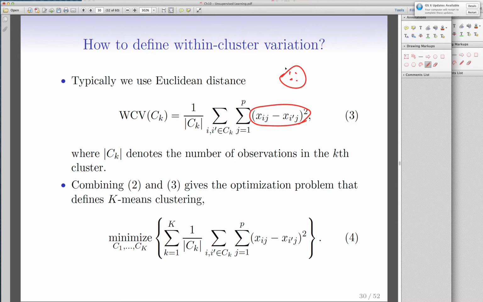So the summation of all these squared distances for one group, divided by the total number of observations in each group, is summed up over all groups. We would like to minimize this amount by picking the correct clusters. And we can show that the correct C_k in the feature space is giving us the best model.